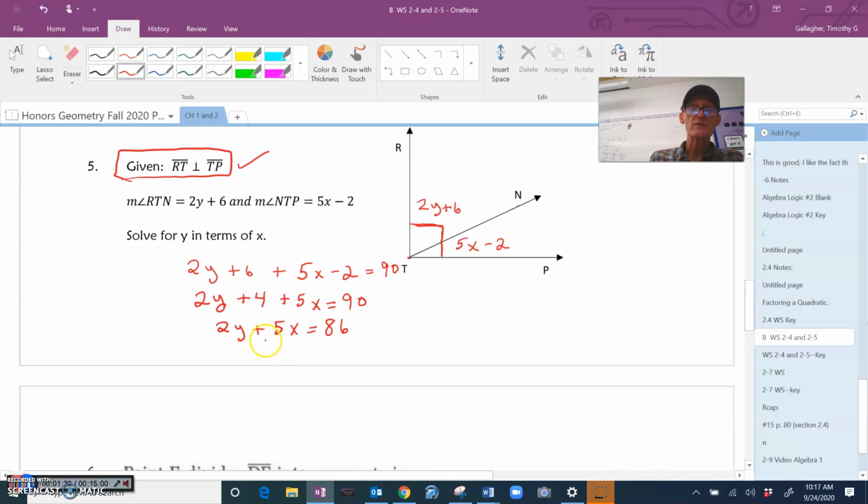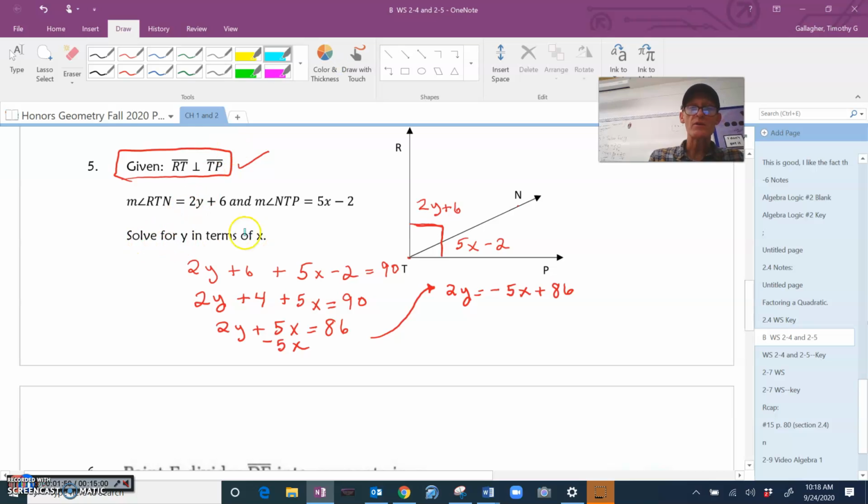If I subtract the 5x from both sides, and I'll bring that up here, it should read 2y equals negative 5x plus 86. I have to keep these separate.